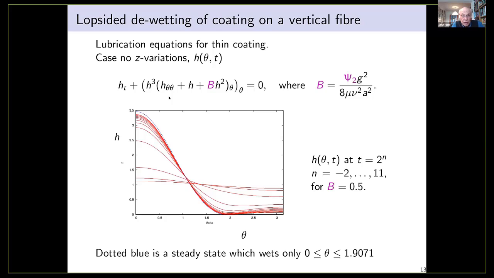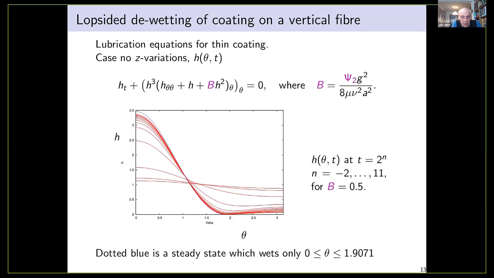There's surface tension, the two terms H, theta, theta, and H, and the non-Newtonian tension in the vortex lines is the purple B term, which is a non-dimensional version of the second normal stress difference, N2, and it's the capital psi 2, the coefficient by which N2 varies quadratically in the shear rate, that the rheologists will know all about. So I've just solved this numerically.